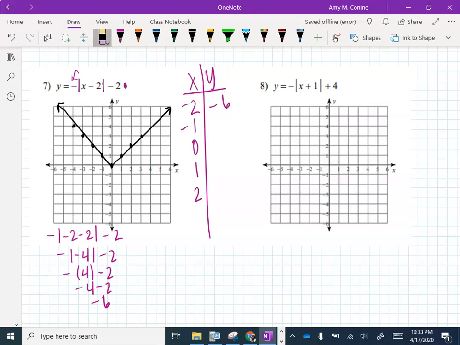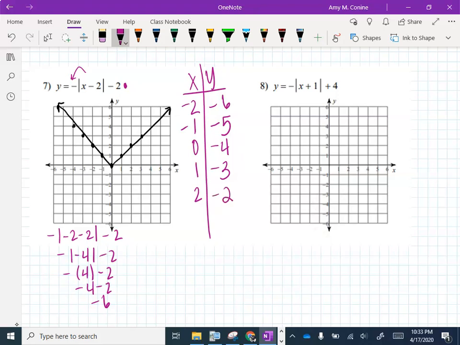So it's going to do that to everything. So for your -1, same thing, you plug it in, you get -3, changes to positive, and then because of this negative, it changes back to a -3. So this becomes -3 minus 2, which is -5. This would be -4. You plug in 1, you should get -3, and 2, you should get -2.